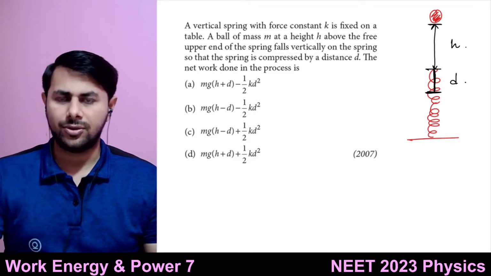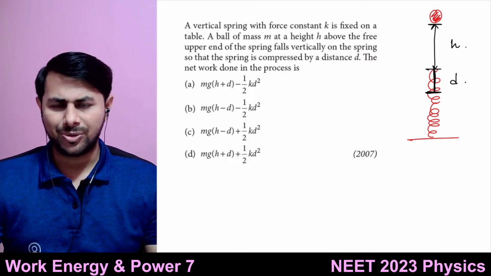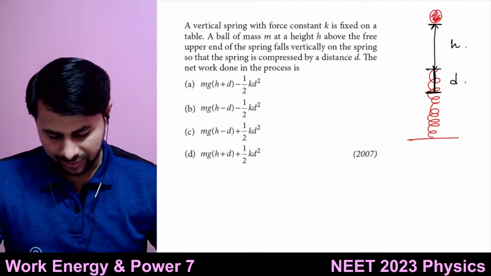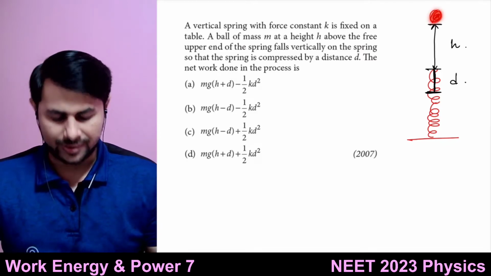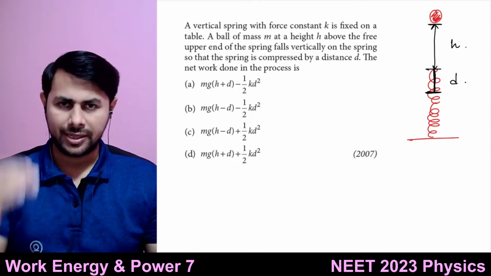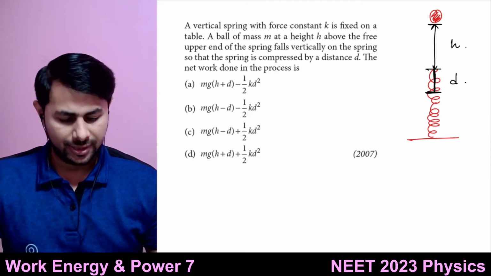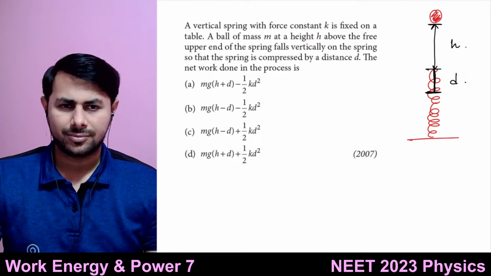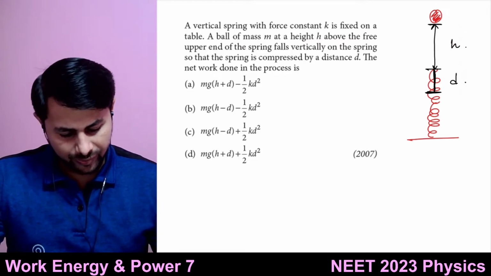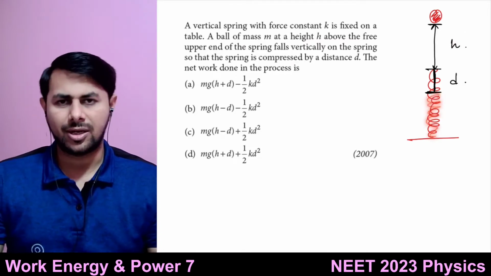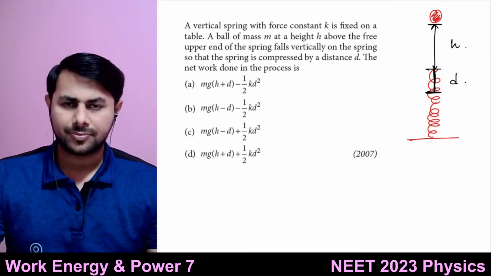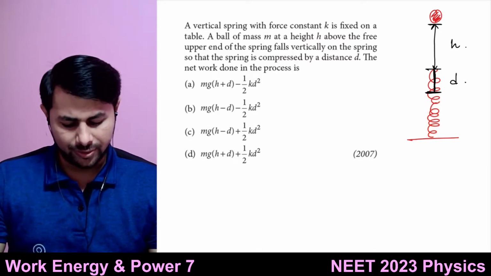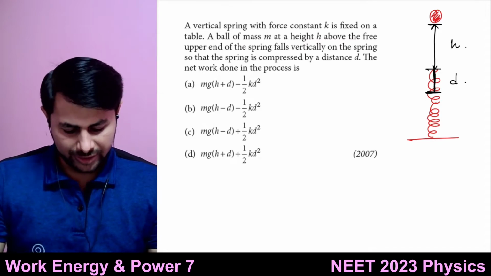So how much is the total work done? One is the work done on this mass due to gravity, you can say, right? It is mg(h plus d). And work done on the spring is how much? Half of k into d square. So which is the answer?